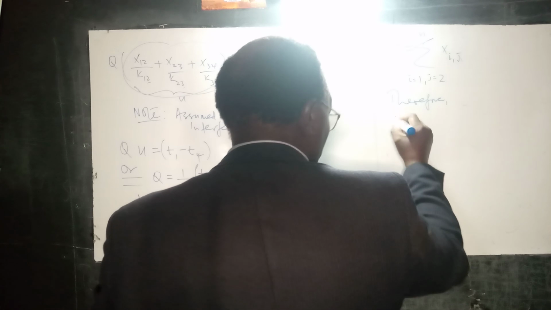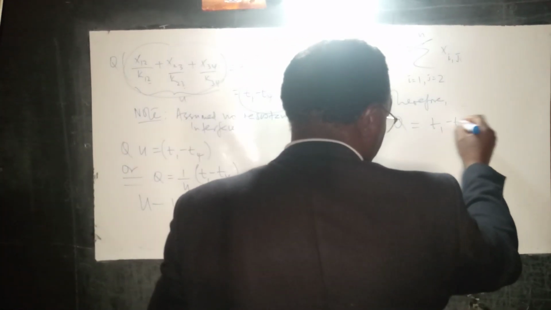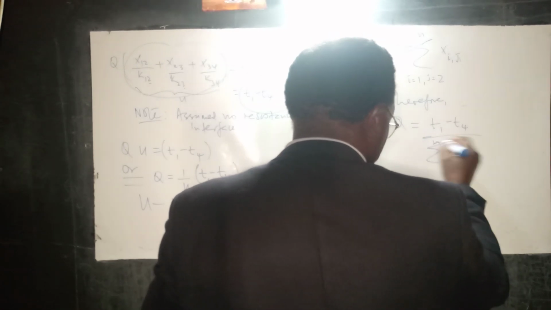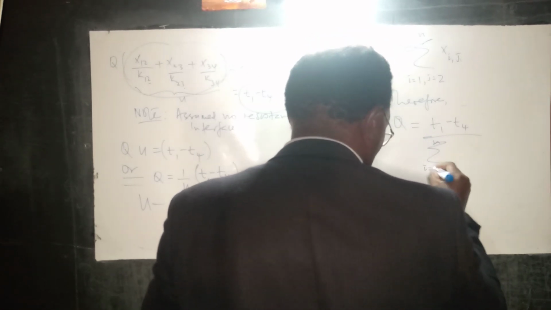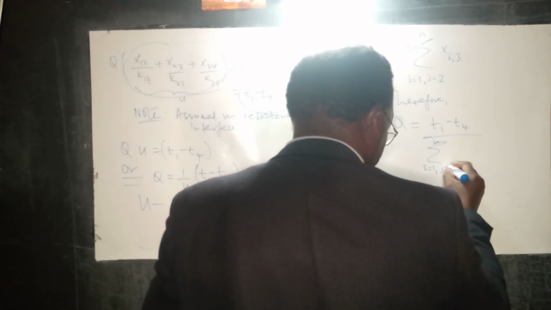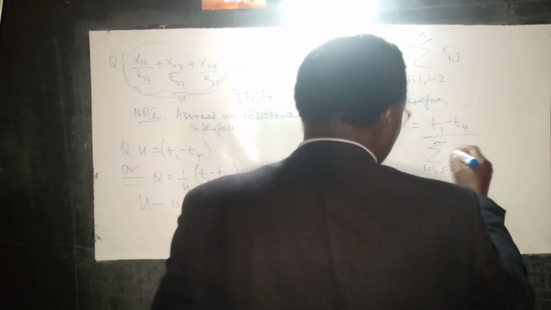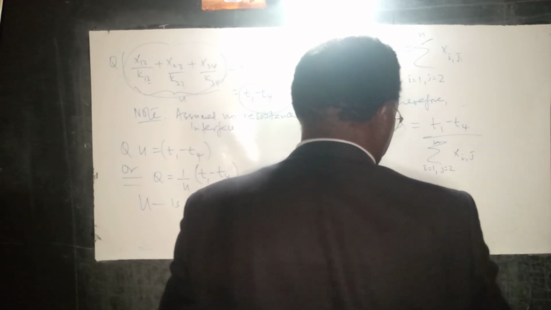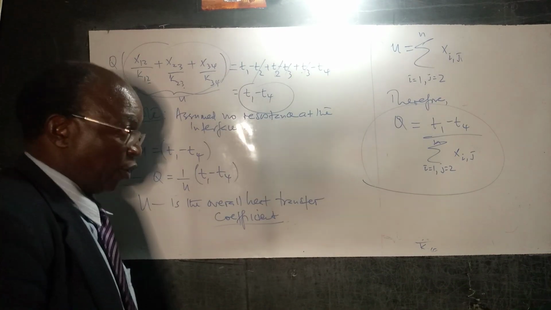Therefore we express Q as T1 minus T4 over the summation of X_ij over K_ij, where i starts from 1 and j starts from 2. So that's a very important expression for us.